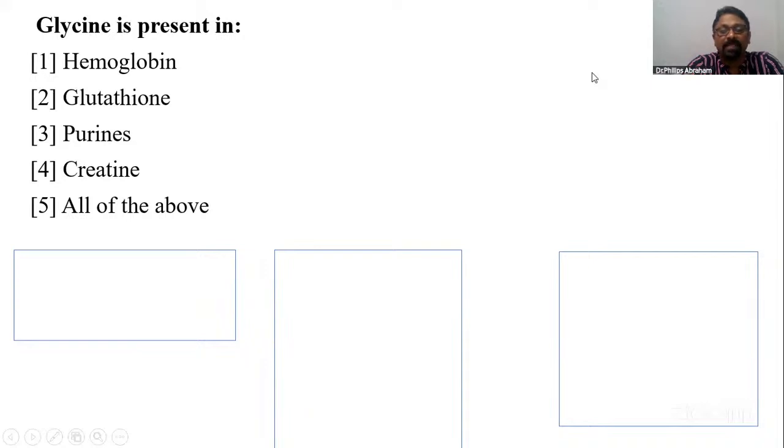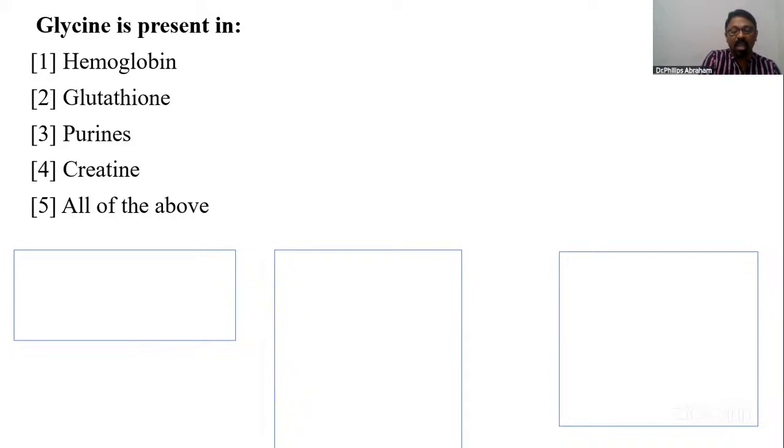Okay. Now about the compounds produced from each amino acid. First one, from glycine, what are the compounds produced? Out of all the things: heme of hemoglobin, glutathione, purine, creatine, and creatinine. For the synthesis of all these compounds, we need glycine. For purine, you should always know, that is actually a question.